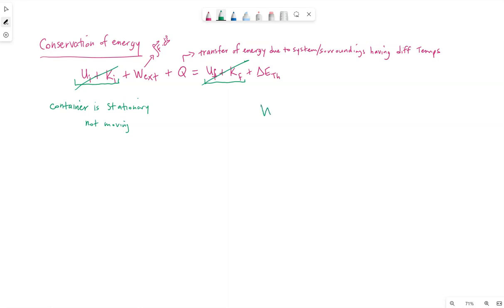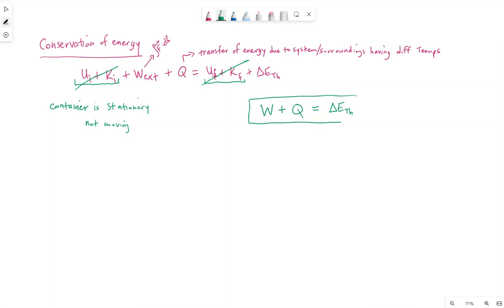So we're left with any work done on the gas. We don't tend to write the external piece because we're now left with only work done by forces other than gravity and a spring. That work plus any heat transfer, so energy transfer because of those temperature differences, will equal the change in thermal energy.